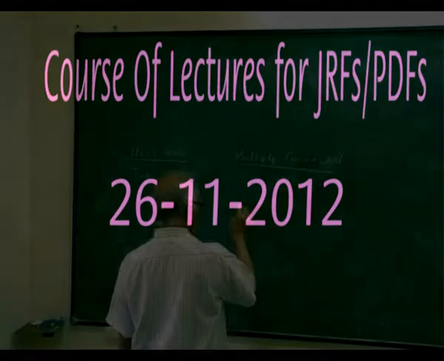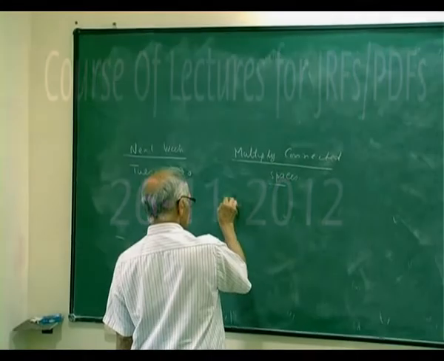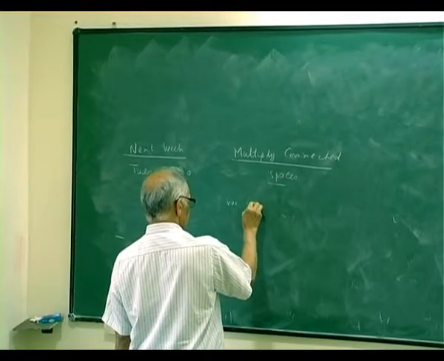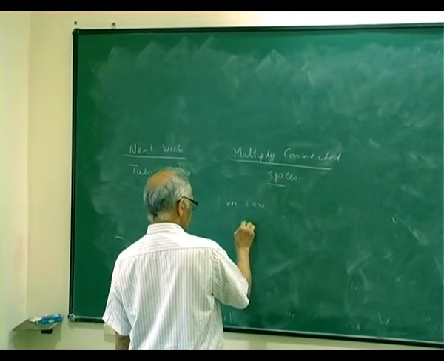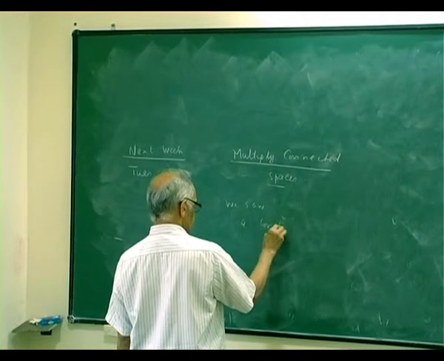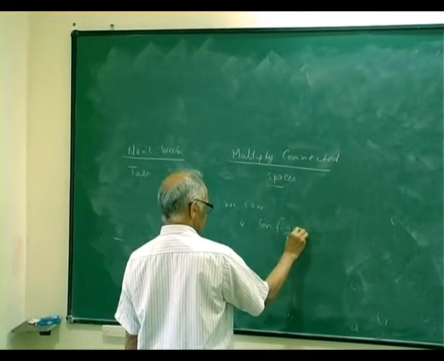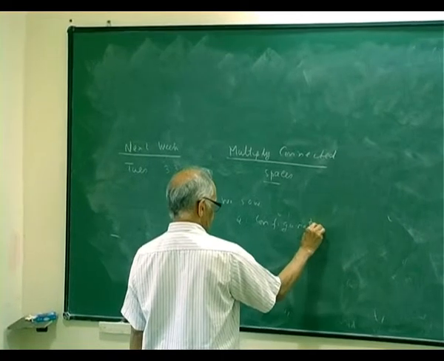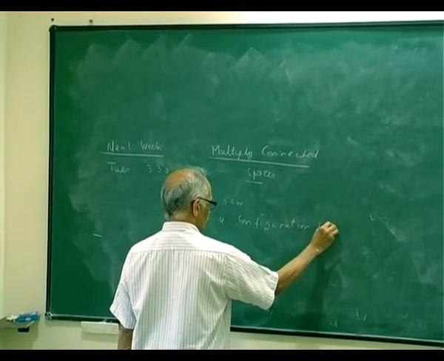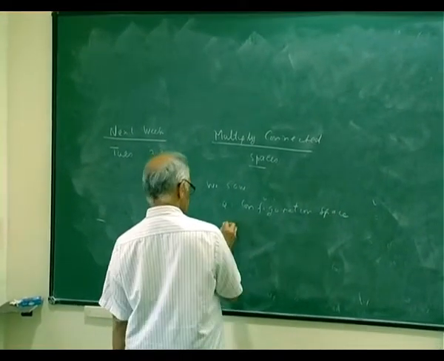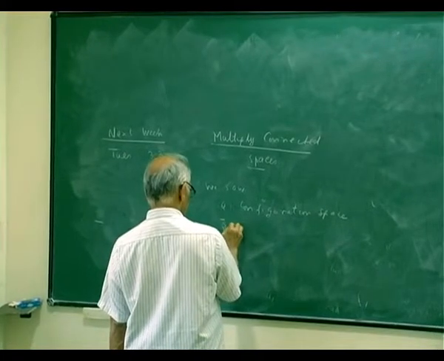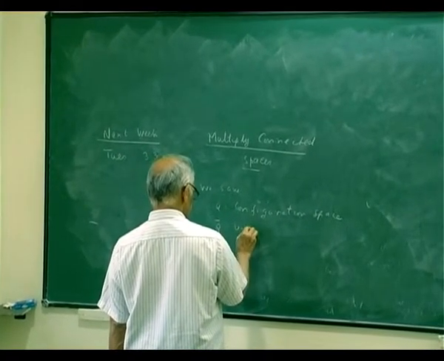What I was saying is the following. We saw, for instance, that Q is configuration space. And there is associated with it Q bar, the universal covering space.